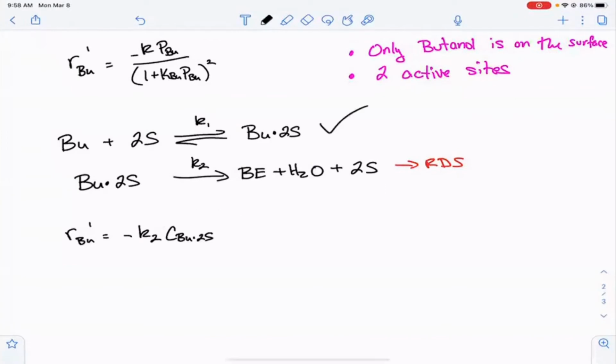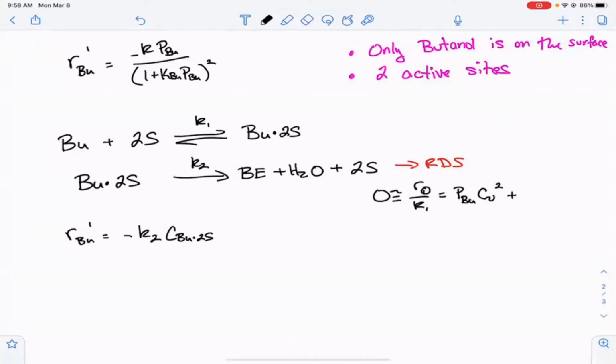And we're going to do that from the step that's not the rate determining step. So if the rate of reaction 1 over K1 is approximately equal to 0, well, we can do this relatively easily. This is just the pressure of butanol times the number of vacant sites squared. So we have CV squared.